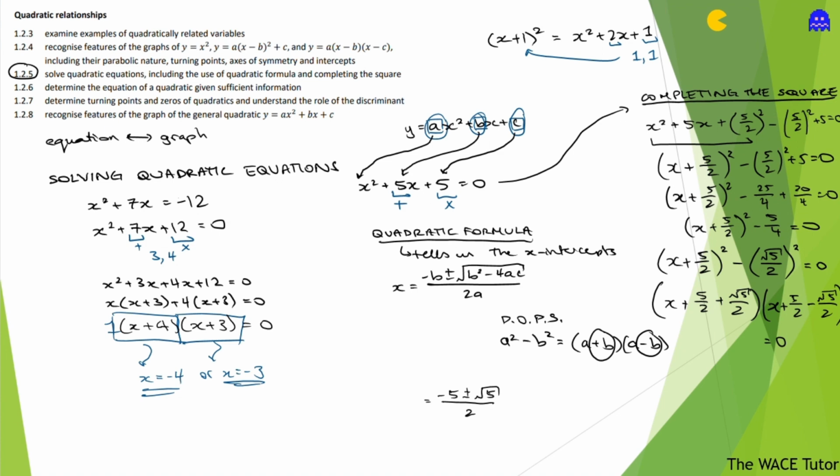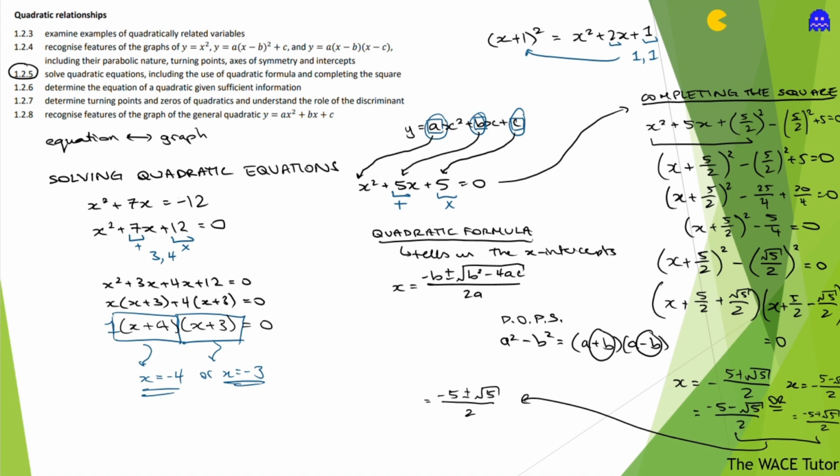Okay? And so as a result, what we get is minus of this whole thing. So either x equals minus 5 plus root 5 on 2, or x equals minus 5 minus root 5 on 2, which is equal to minus 5 plus root 5 on 2.